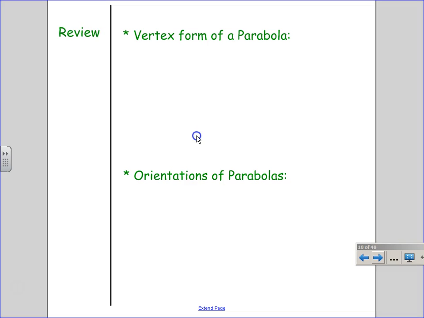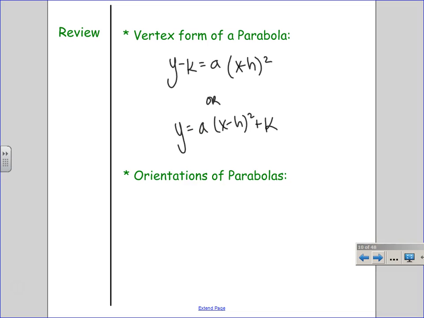From the beginning of the year, we talked about how y minus k is equal to a times x minus h, quantity squared. And we had to review things like completing the square. We also could write this another way. y equals a times x minus h squared plus k. And this was the new standard form, because most of you would have thought standard form was ax squared plus bx plus c. So whether you're used to this form or that form, this is how we've talked about parabolas up until now.